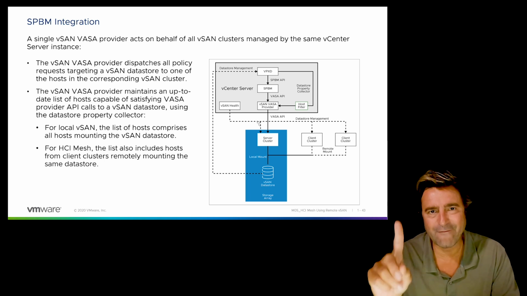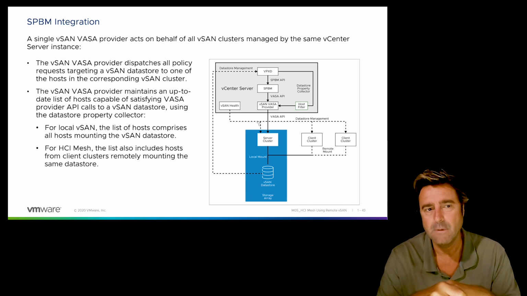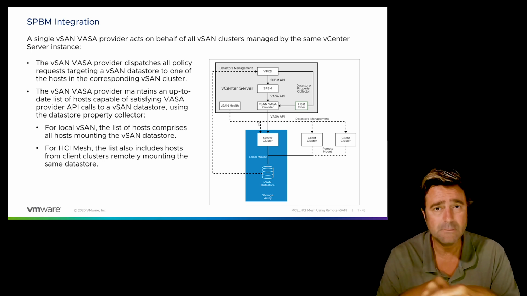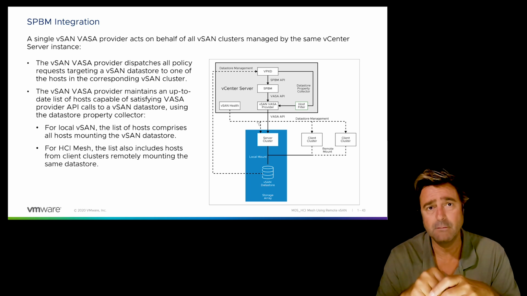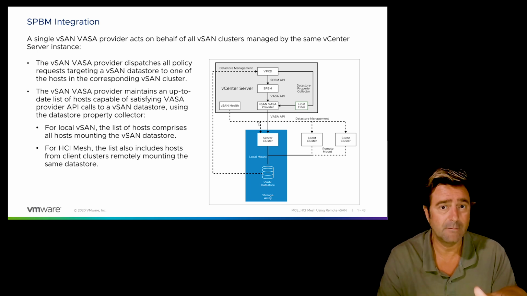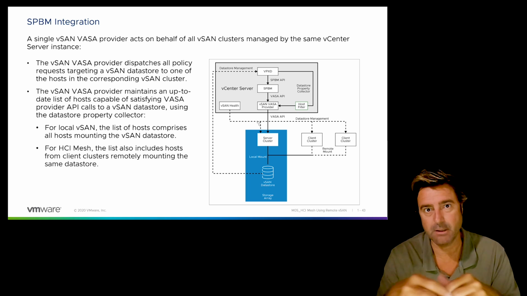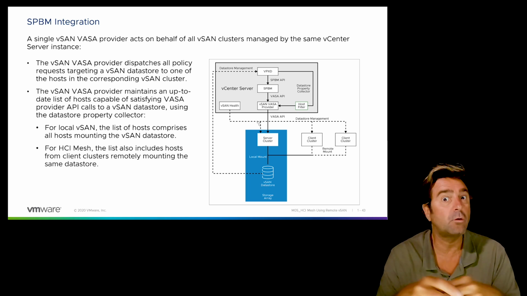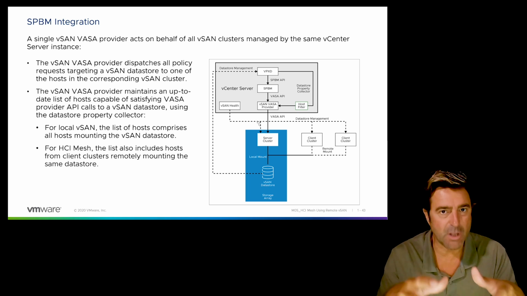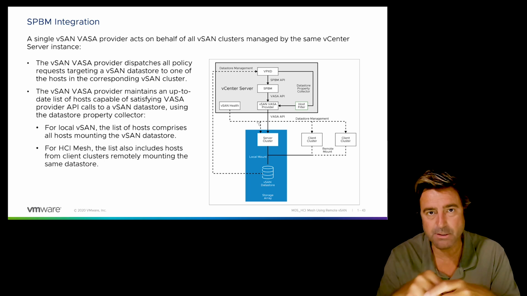You have one VASA provider. And if you think about it, with HCI Mesh, the vCenter now is aware not only of the requirements of the VM, but also the fact that this VM is trying to move to the data store belonging to a host that does not have enough fault domains.